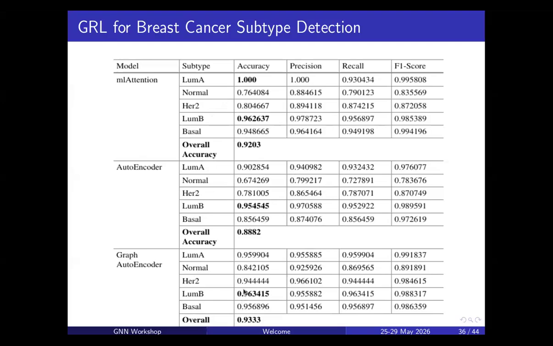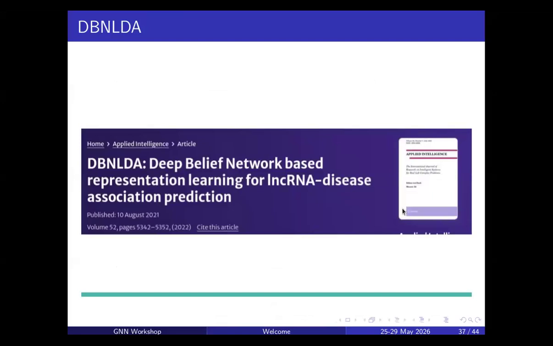If you see, the overall result here is around the 90s, with 0.933, whereas the autoencoder and attention-based models, the non-graph-based methods, cannot reach this result. So this is one way we can use a graph representation for classifying the patient similarity graph.